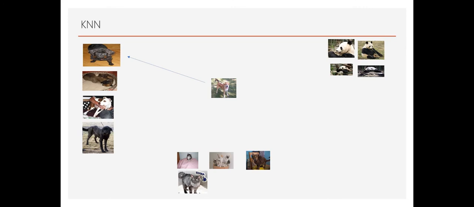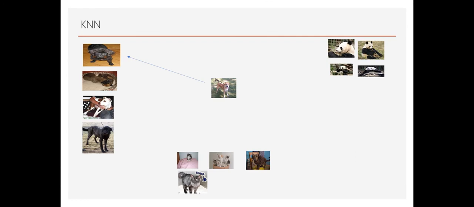The KNN algorithm is a voting system, right? First we need to tell the algorithm how many neighbors you want to compute. You can give, let's say, 3, 4 or whatever neighbors you want to compute, and then ask each one of them to vote.